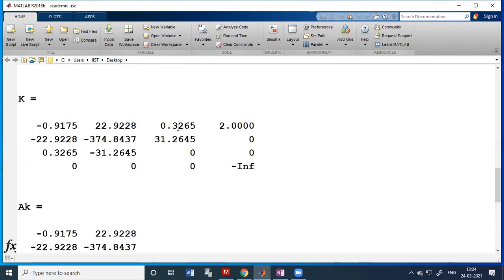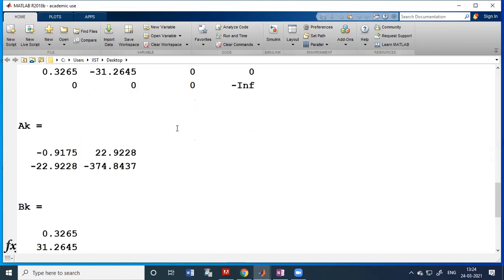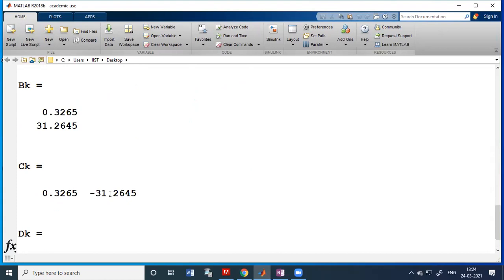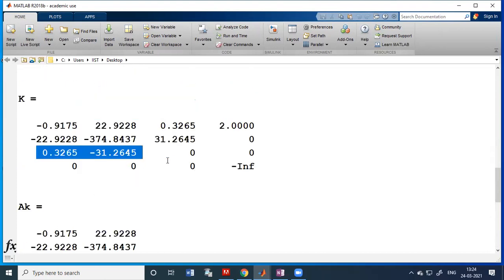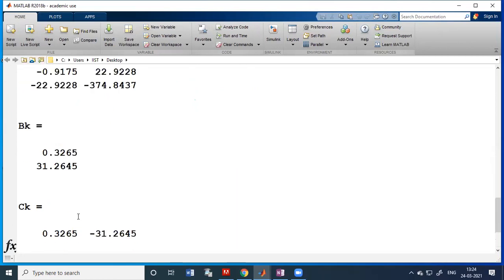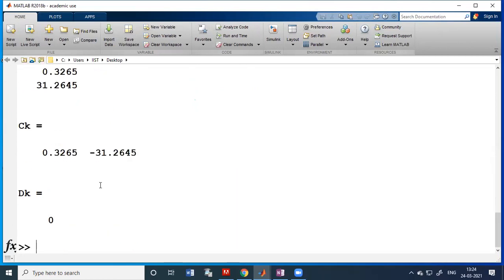Then the next one will be the B corresponding to the controller, 0.3265, 31.2645. Then these two will correspond to the C, 0.3265, minus 31.2645, and the D matrix is obviously 0. So this is your controller in state space form.